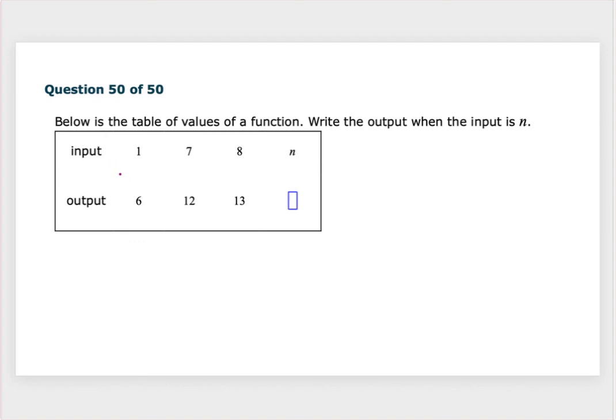It looks like it's a plus 5. Let's see if that's consistent. 7 plus 5 is 12. Yes. 8 plus 5 is 13. So we would put n plus 5 as the output. If the input is n, we would add 5 to it to get the output. So n plus 5 is the answer.